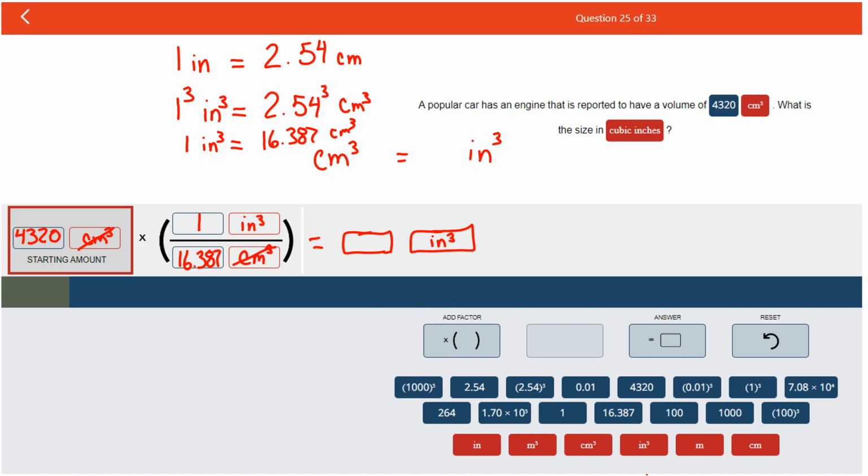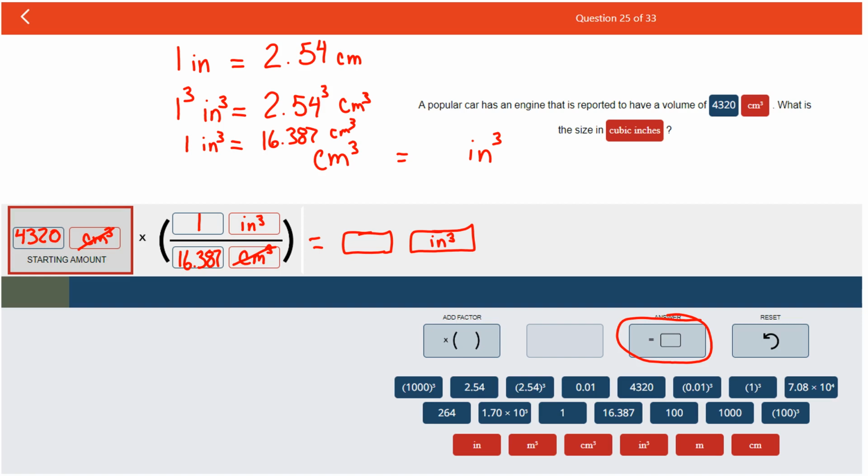You may have to scroll your screen down, but you'll click the one right here. Sometimes, depending on if you're zoomed in or not, you should be able to scroll this screen up and down right here and get to it. I'm not going to put the answer in, but essentially you're just dividing by that.